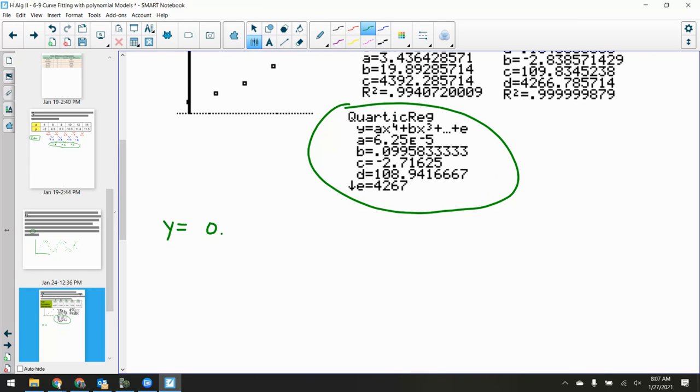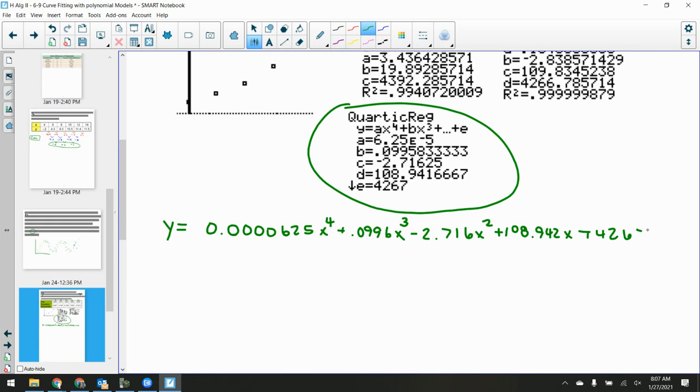That would be 0.0000625 x to the 4th plus 0.0996 x to the 3rd minus 2.716 x squared plus 108.942 x plus 4,267. So that's my equation that best models that data.